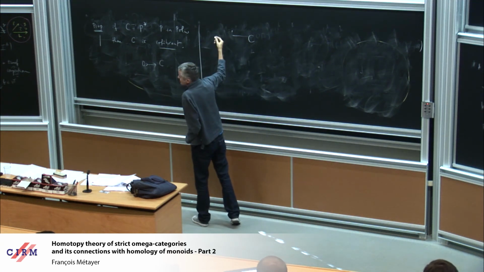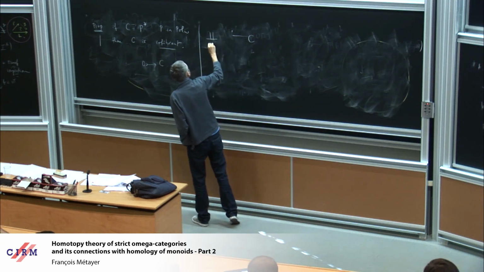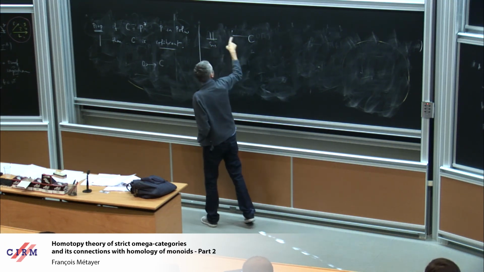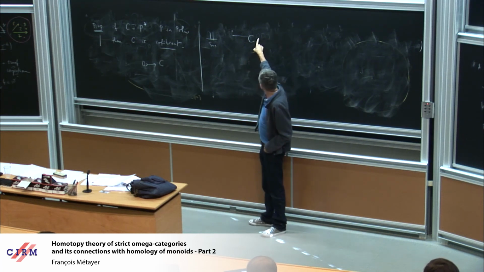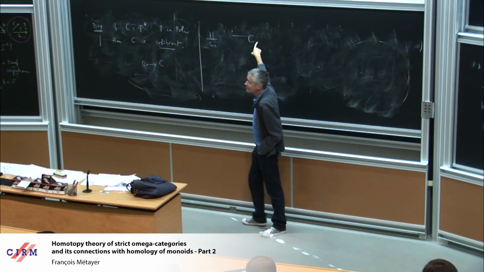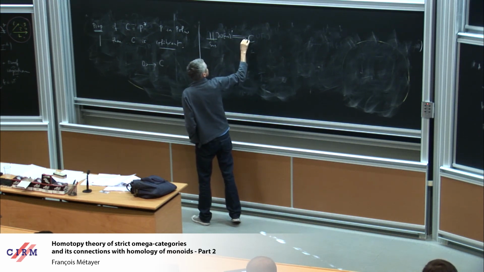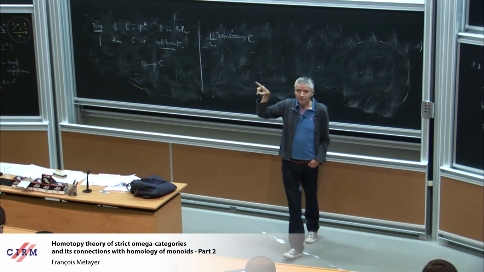To add a certain set S_{n+1} of cells, you have to choose pairs of parallel cells here. So basically what you have is a map from delta O n plus 1 to C here.